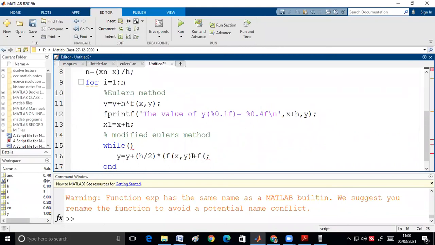Now try to understand, this is a very important point. I will write y1. y1 is the new value, y is the old value. For this purpose, I will write x1 comma y1. Fine. Now, after finding this value, what is the methodology here?